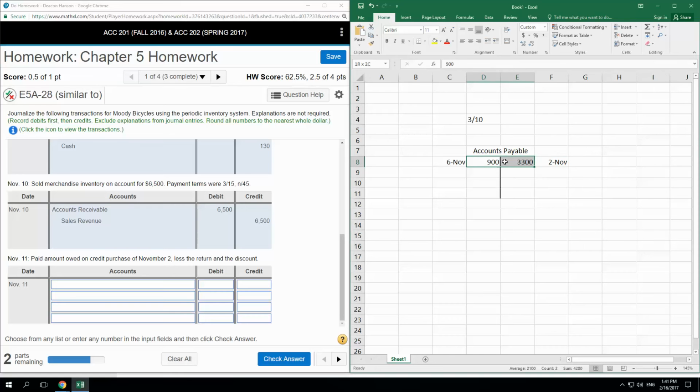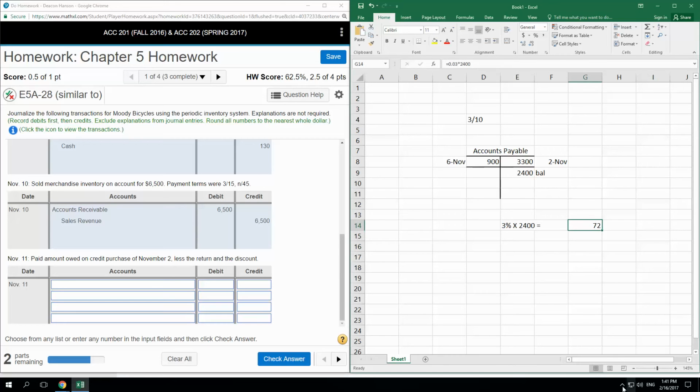So we're going to get that 3%. What's the balance in the account at the time of payment? 3,300 minus 900, right? This is the balance. So we're going to figure the 3%. So you're going to take 3% times 2,400, and that'll be what we call our discount.